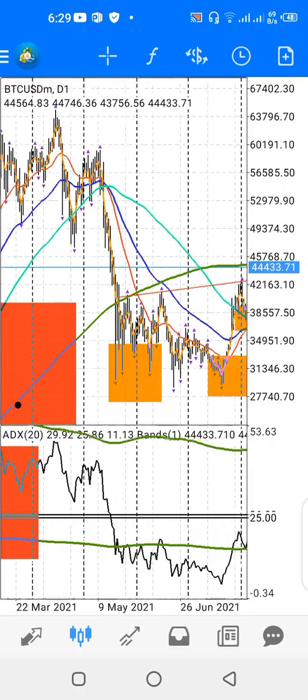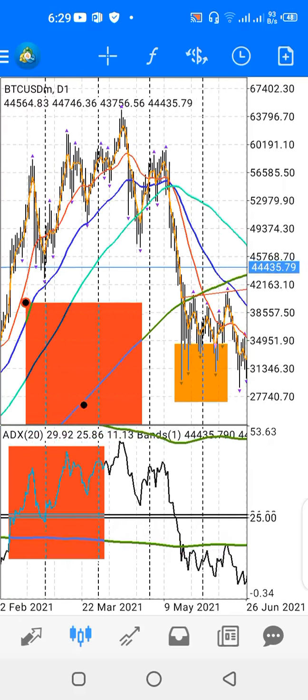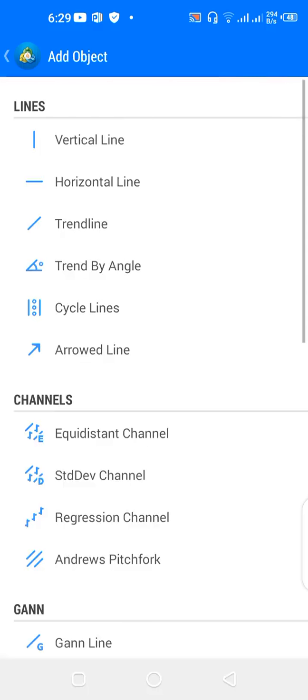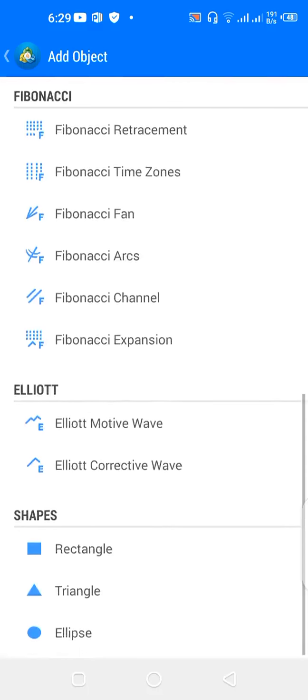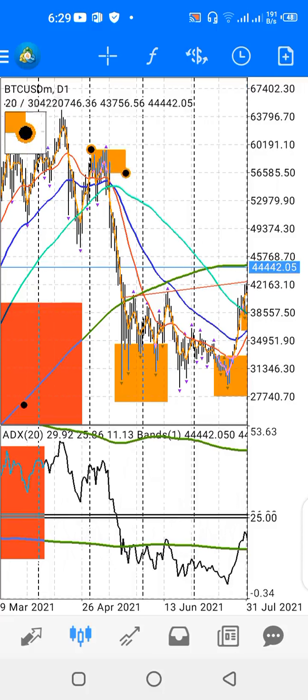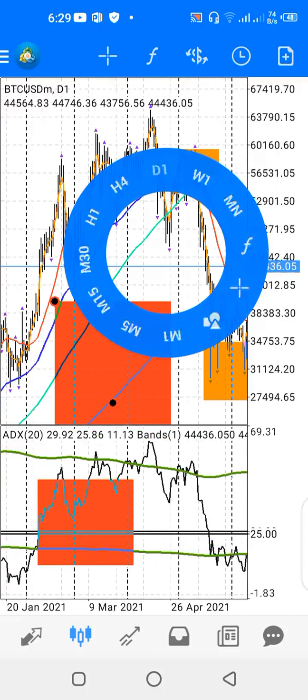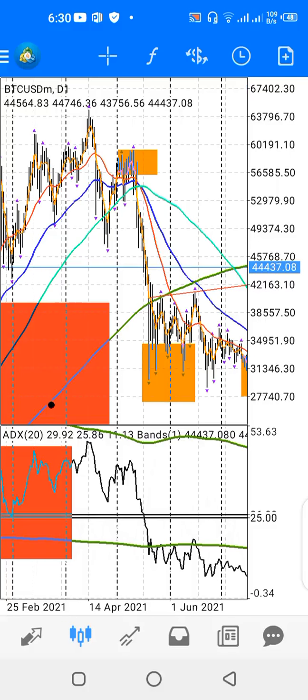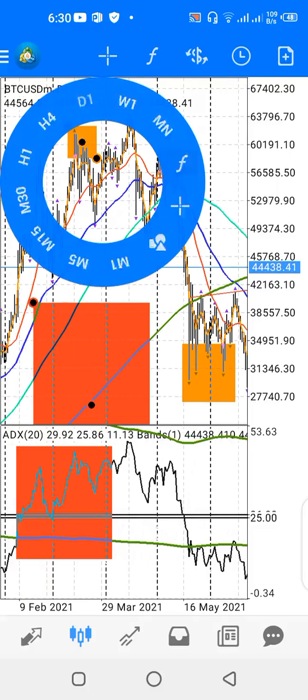Okay, and we can see what happened around here. We had head and shoulder here. This is the right shoulder. This is the left shoulder, and this is the head.